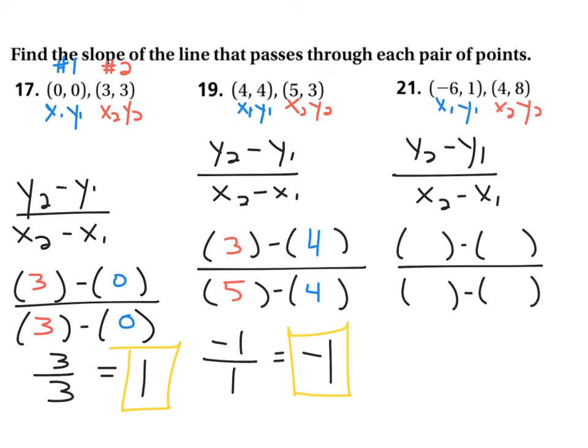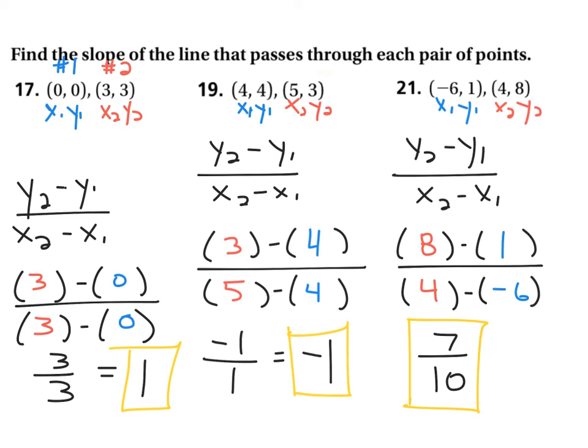So now I'll just plug in the values, and then I will simplify. On the top, 8 minus 1 is 7. On the bottom, 4 minus negative 6, that's the same as 4 plus 6. 4 plus 6 is 10. And actually, I'm going to write that over here because we don't need to simplify this. 7 over 10 is not going to be simplified, and so that becomes our final answer.